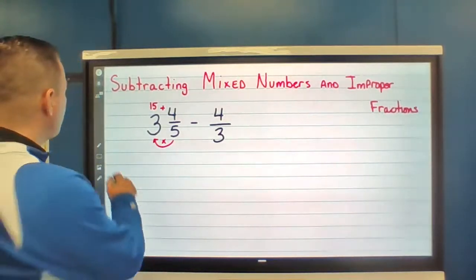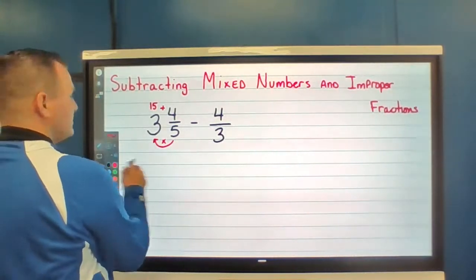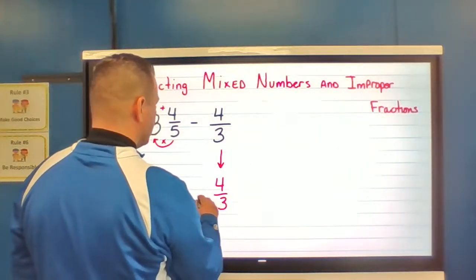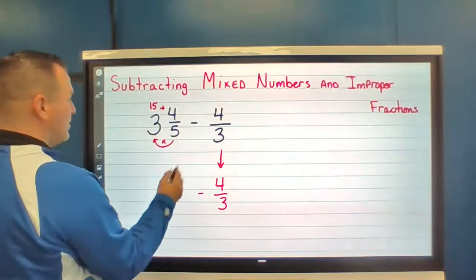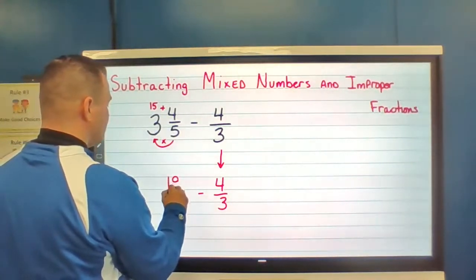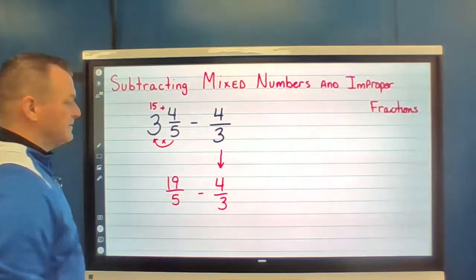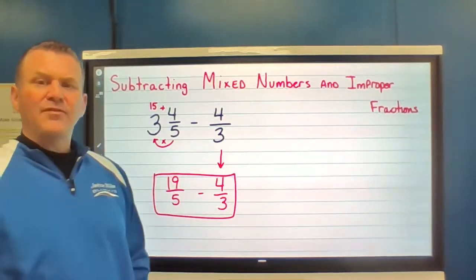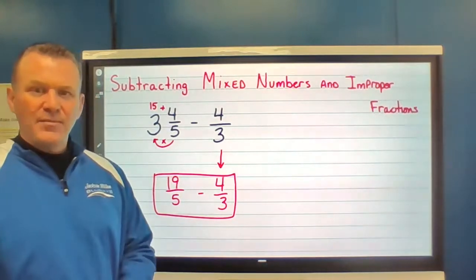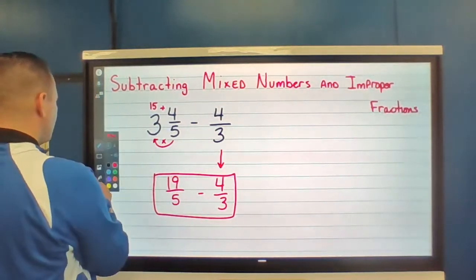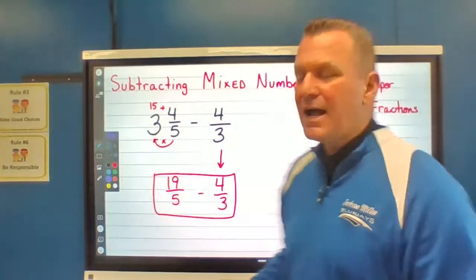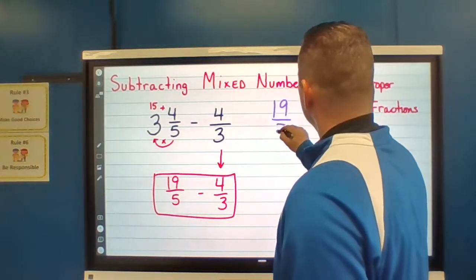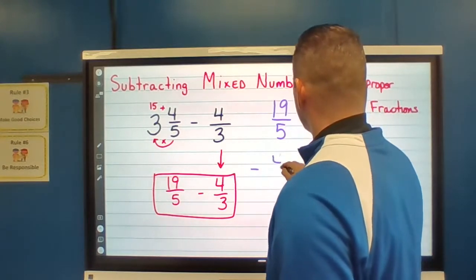He's already an improper fraction, so he will stay the way he is, 4/3. And we will convert him, which we already did, and we know that it's 19/5. Now, if you look at this, you'll see, yes, they're both improper fractions, but this time I have different denominators. Fine, that's no problem. You know what to do. Stack them. 19/5 minus 4/3.